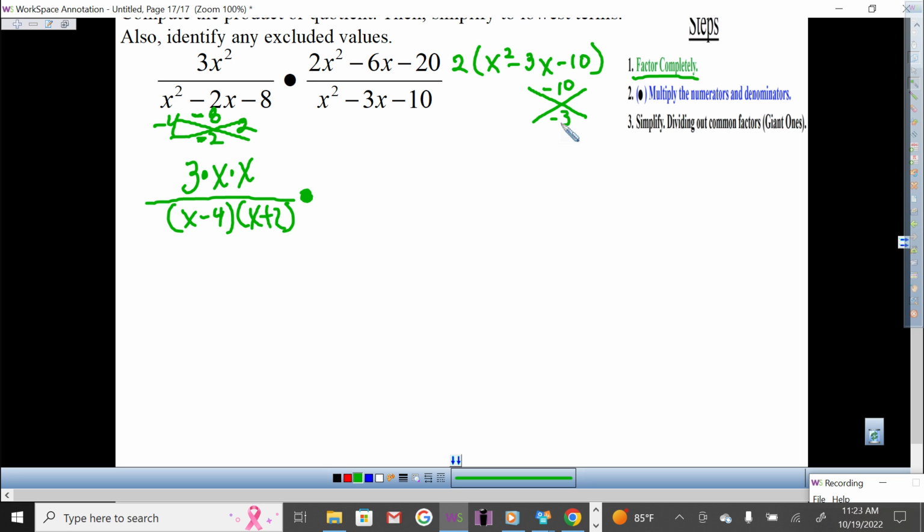Tell your neighbor the factors of -10 that when you add them give us -3. Dulce? -5 and 2. So my factors for the second numerator are x minus 5, x plus 2. However, don't forget the BFF, which is what? 2. Okay?